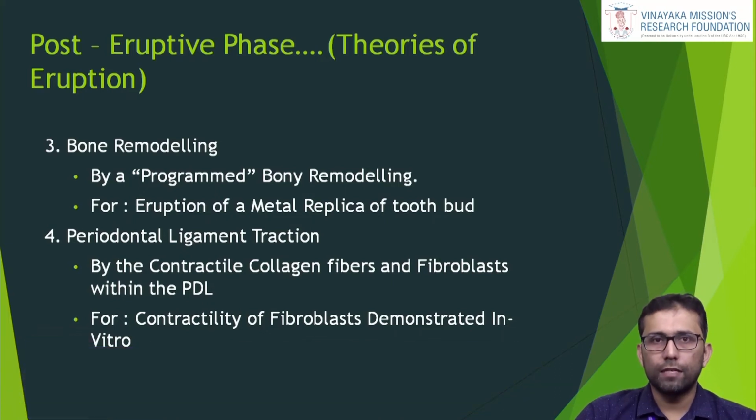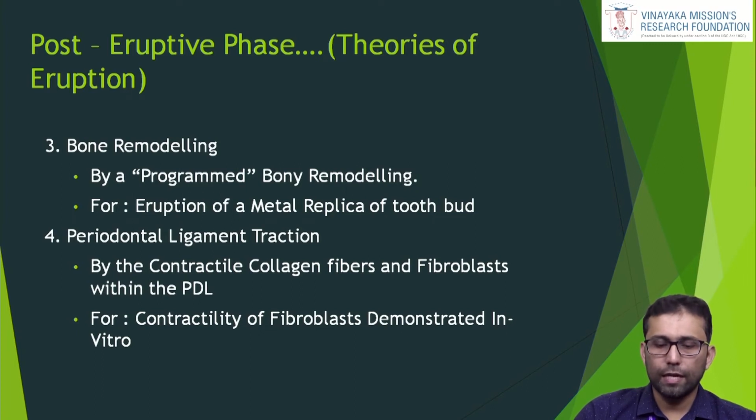The experiment went like this: the fibroblasts were isolated from the oral cavity and incorporated onto small rubber sheets, and as the fibroblasts were proliferating, there was contraction or bending of the rubber sheet, which demonstrated the contractility of the collagen fibers and fibroblasts within the tooth socket.